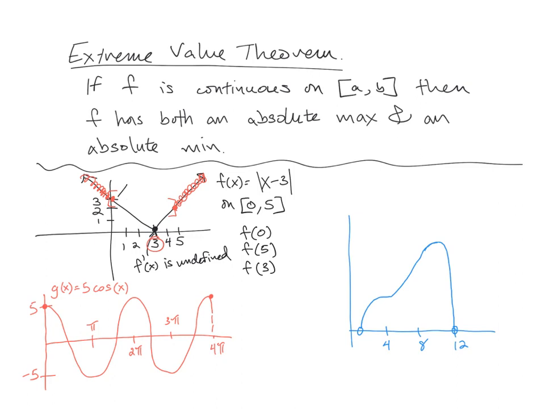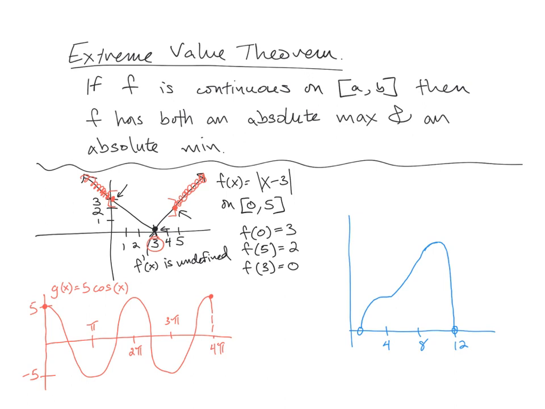Now just by looking here, I know the y value when x is 0 is 3. I know the y value here when x is 5 is 2. And the y value here when x equals 3 is 0. So we take the endpoints and the critical value and we can figure out what the y values are.